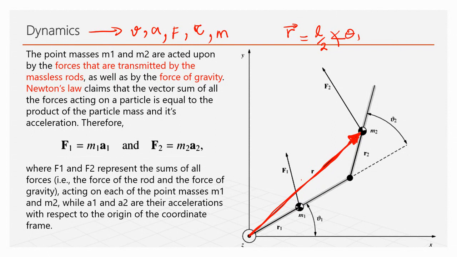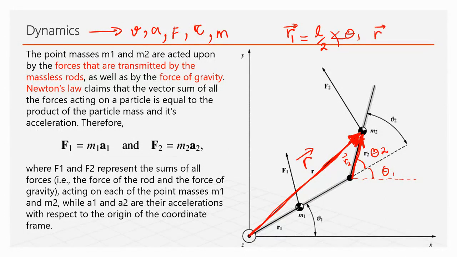So this vector, if I call it R, now this R has an angle. Look at this. I know that this angle is theta 1, exactly the same thing as I have here, right? Basic geometry. And this angle is theta 2. So for R2, sorry, this is R1.